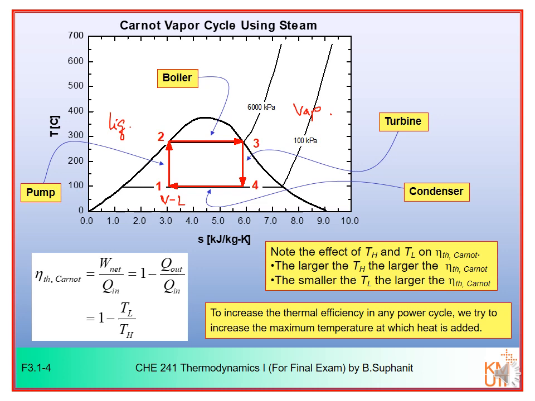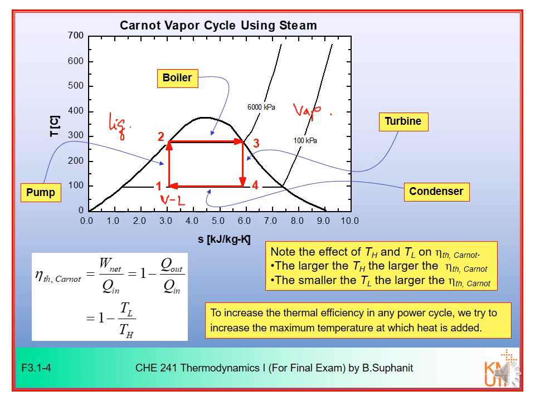You can see that we have 4 processes here in Carnot cycle, 2 isentropic and 2 isothermal processes. You can see we have difficulties when we use the Carnot cycle with the steam as follows.